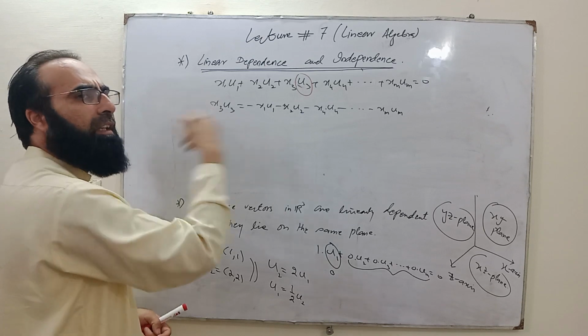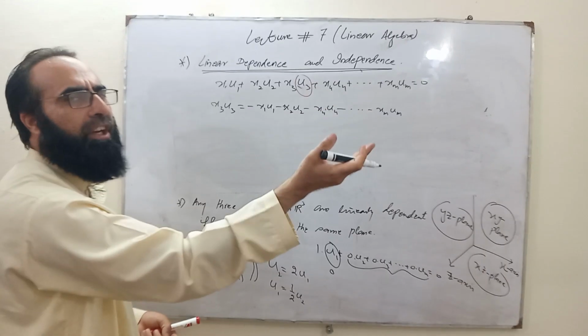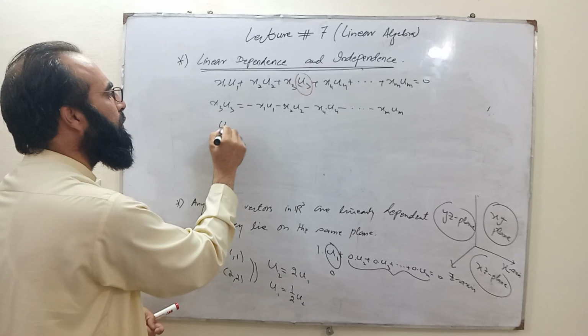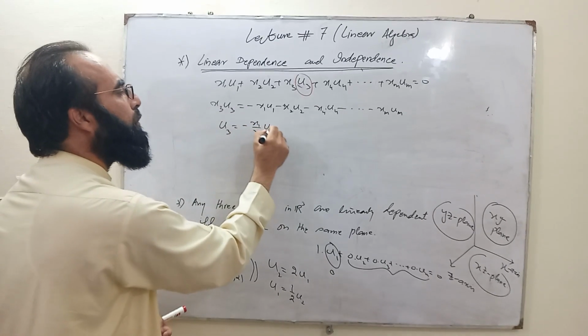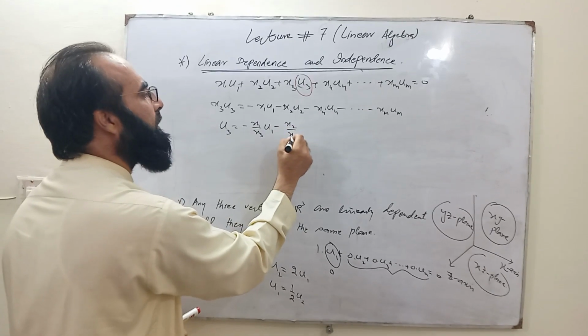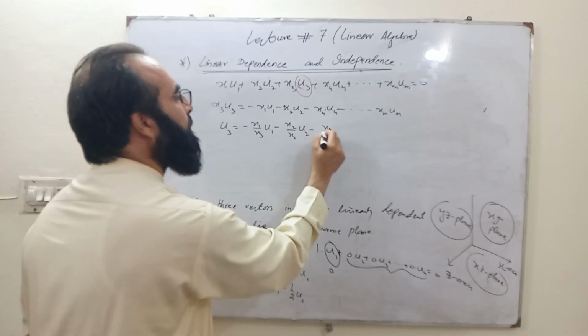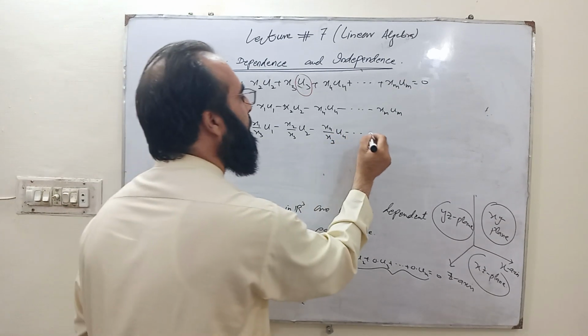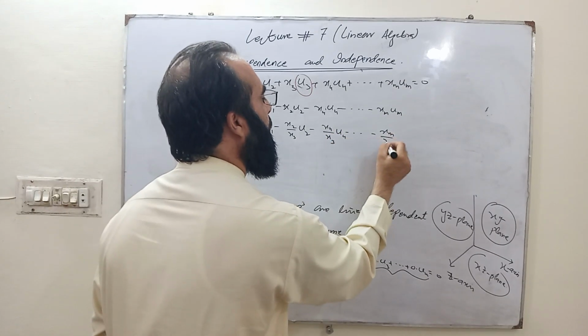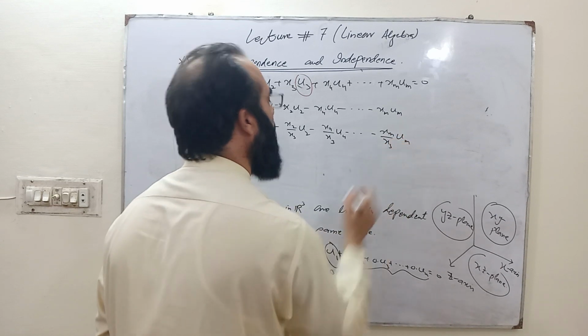Shift x3 to the other side, meaning divide both sides by x3. We will get u3 is equal to minus x1 over x3 u1 minus x2 over x3 u2 minus x4 over x3 u4 up to minus xm over x3 um.